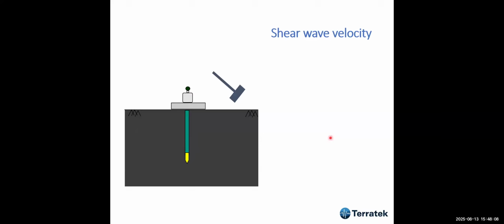And how did we used to do that? We used a 10 kilo hammer, and we had an oscilloscope. The oscilloscope obtained this kind of signal, and here's when the S waves reached the cone, and we advanced the cone 1 meter.